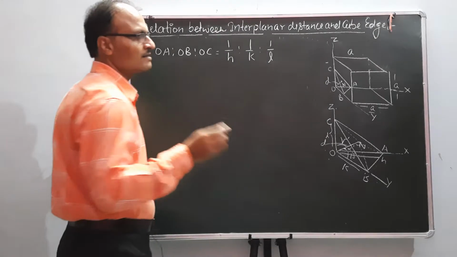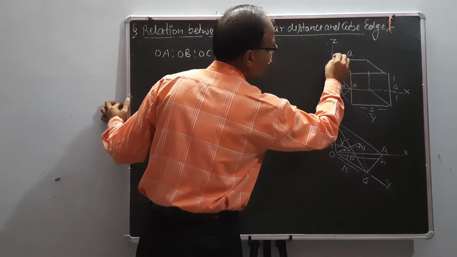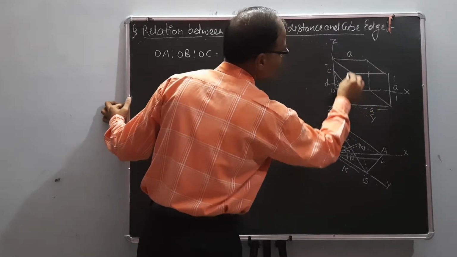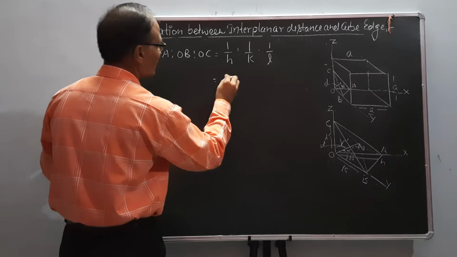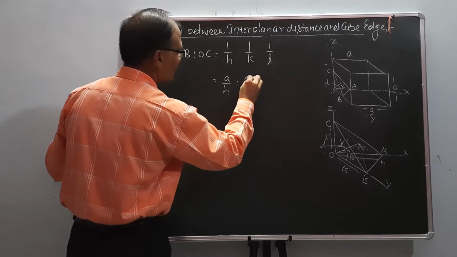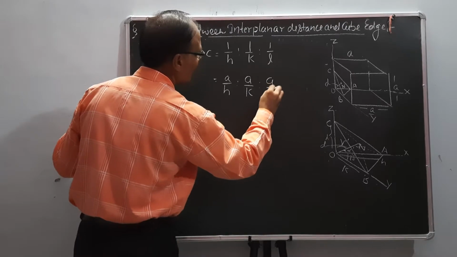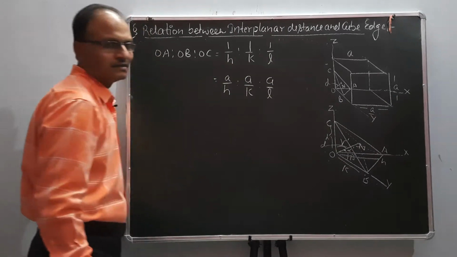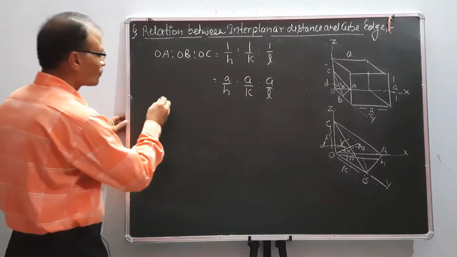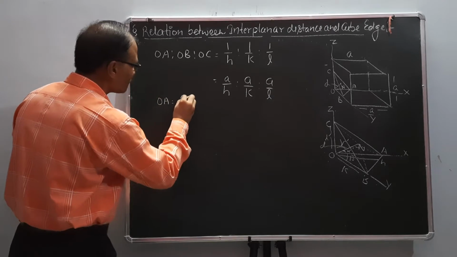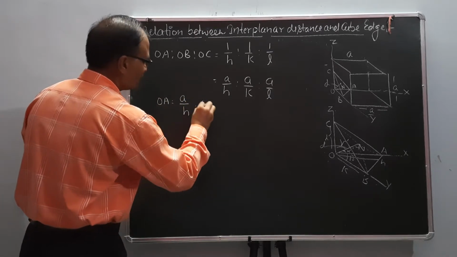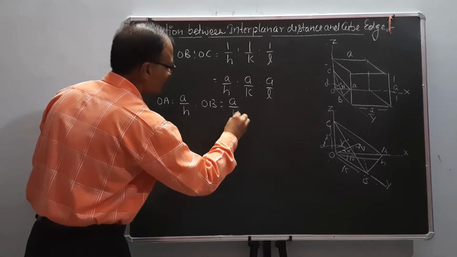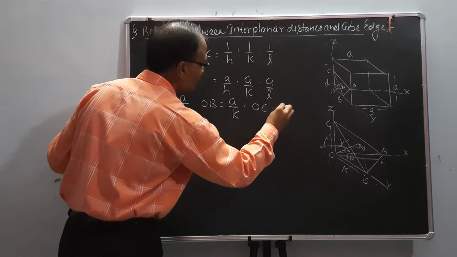If the cube edge length of one axis is A, then it is A upon H, A upon K and A upon L. So OA equals A upon H, OB equals A upon K and OC equals A upon L.